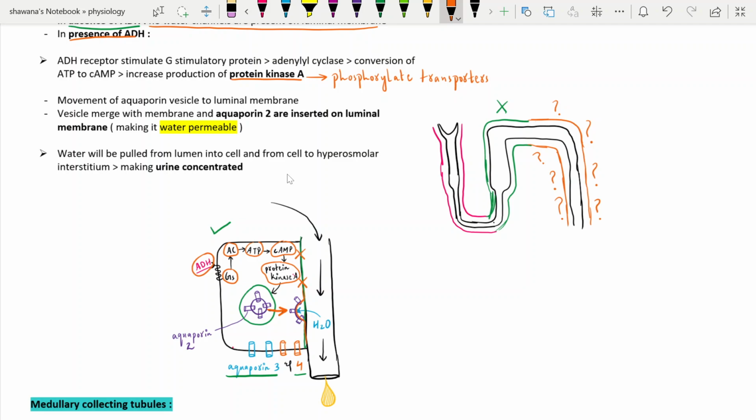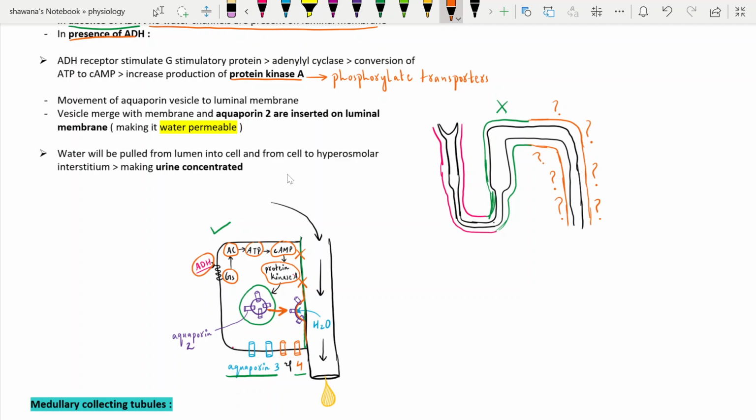The osmotic gradient is increasing from cortex to the medulla of the kidney. So it will make the urine concentrated because a lot of water has been reabsorbed from the final part of the nephron, and urine will be concentrated with the solutes because water has been reabsorbed from that. It will make the urine more concentrated.